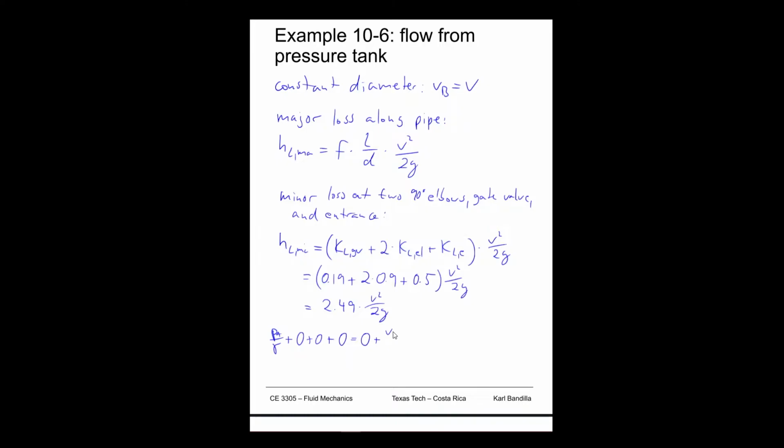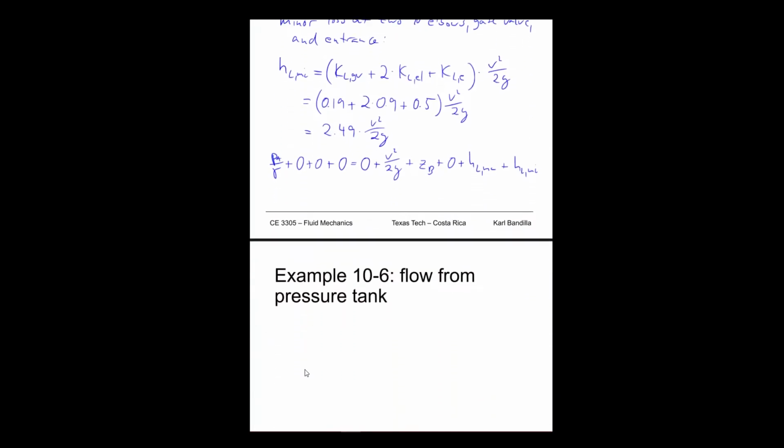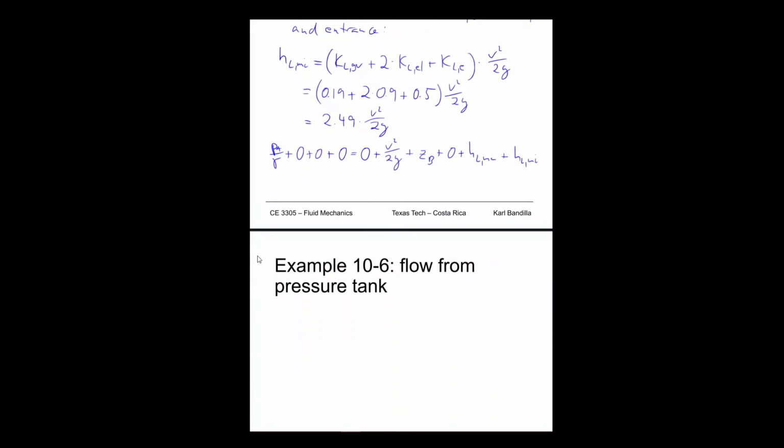Now we do have the velocity term here, although we don't know what V is yet. We have an elevation, don't have a turbine, but we have HL major and HL minor.